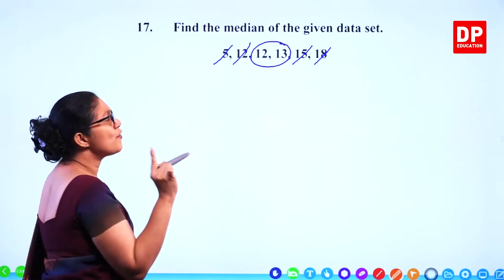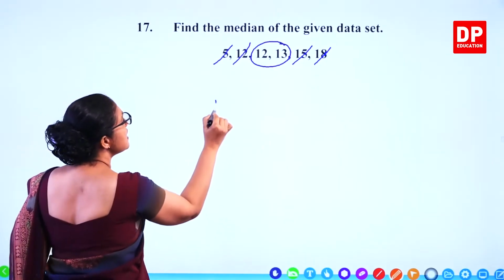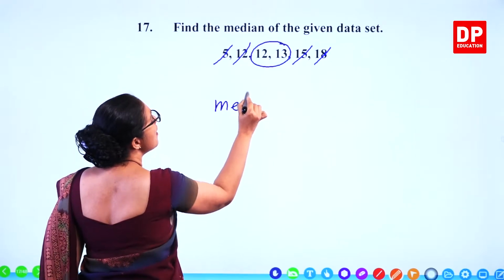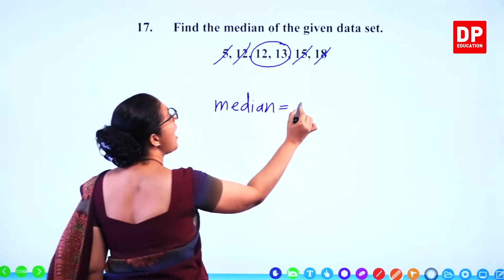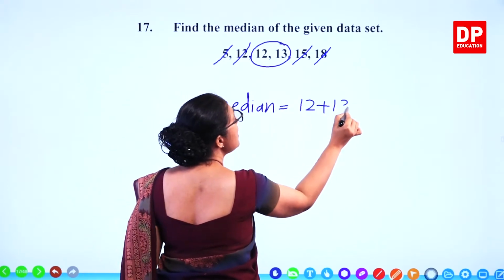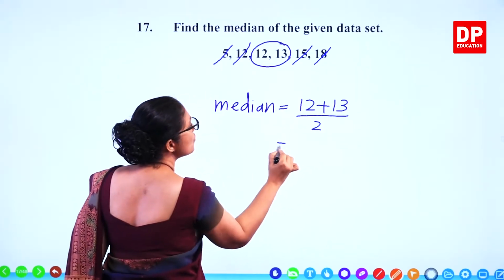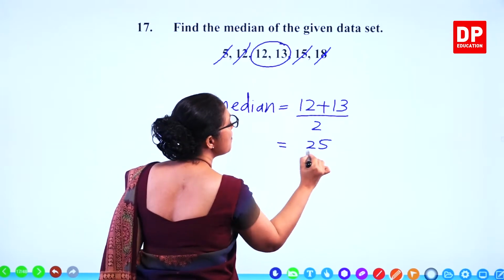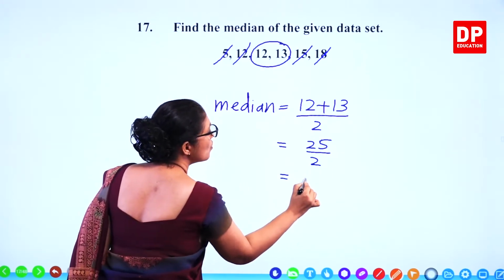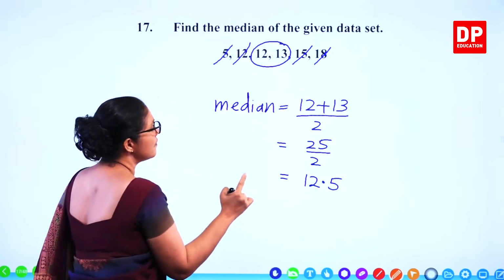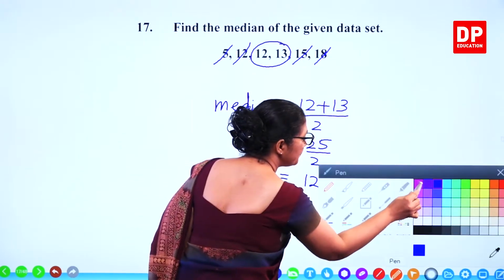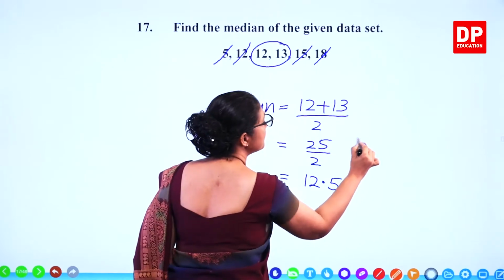So how do you find the median? Median is the average of the 2 middle terms. So you add the 2 values and divide by 2. So you get 25 divided by 2, 12.5 is the median value. So 2 marks for that.